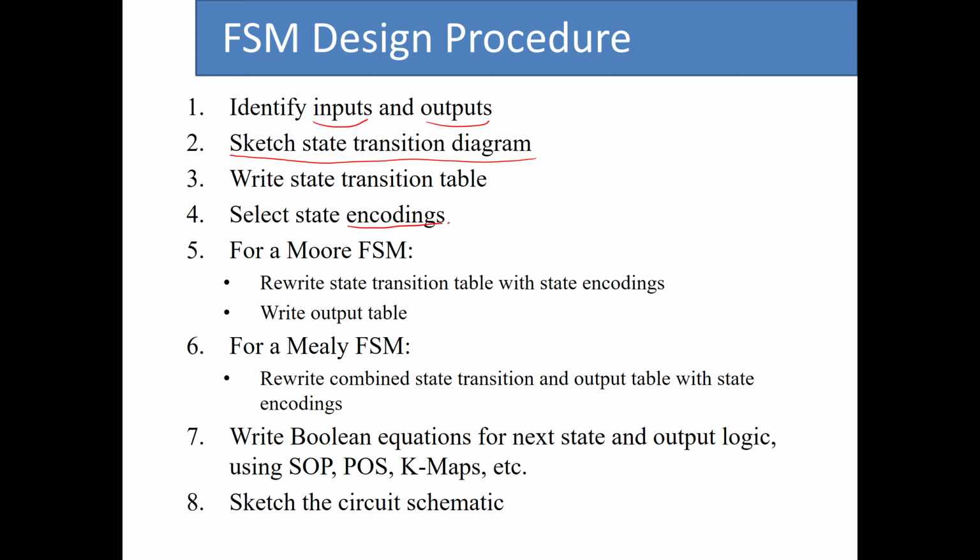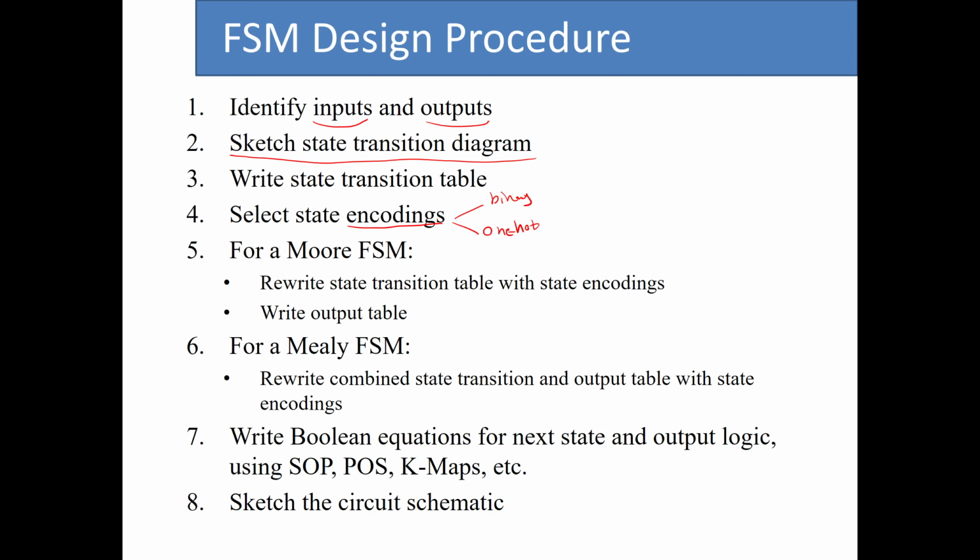Each one of these states has a unique binary value associated with it. You can either use a binary encoding, which is more straightforward, or you can use a one-hot encoding, or you can just completely choose random binary numbers. As long as they are unique, that is fine.